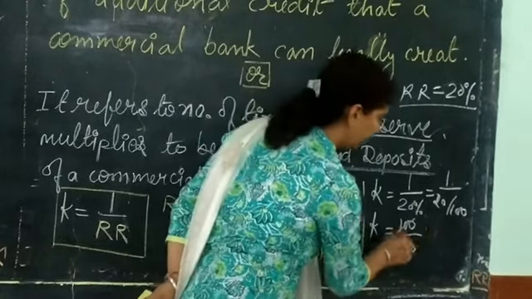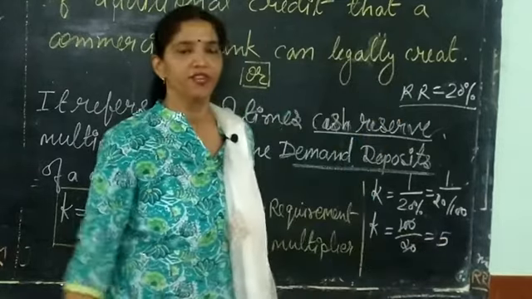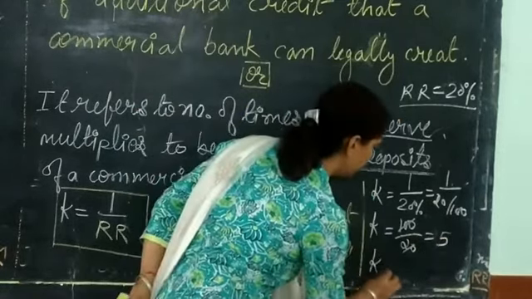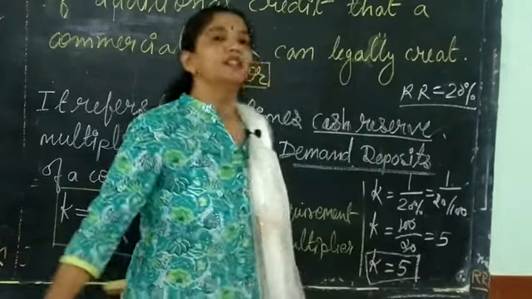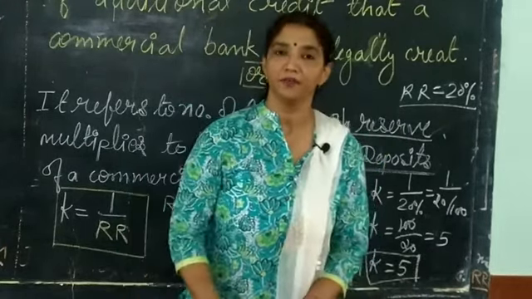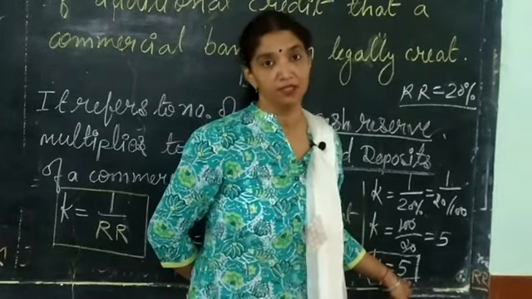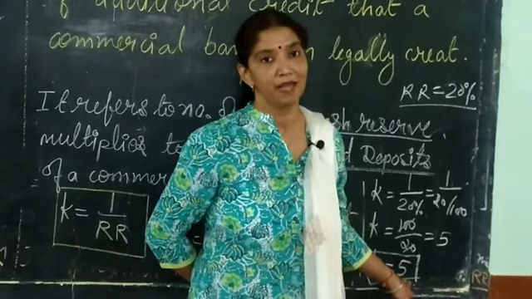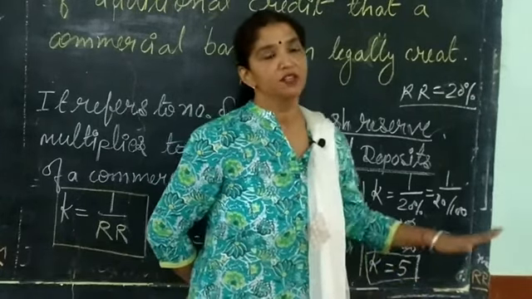Cut by 20 and the credit multiplier is equal to 5. It means the credit creation in the economy is 5 times the total deposits with a commercial bank. This is called the working of the credit multiplier.